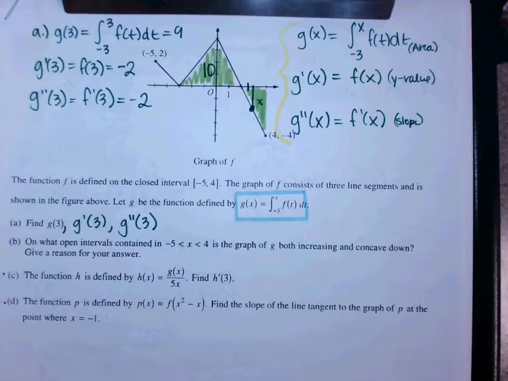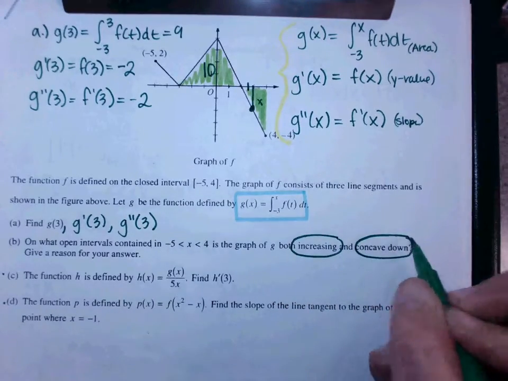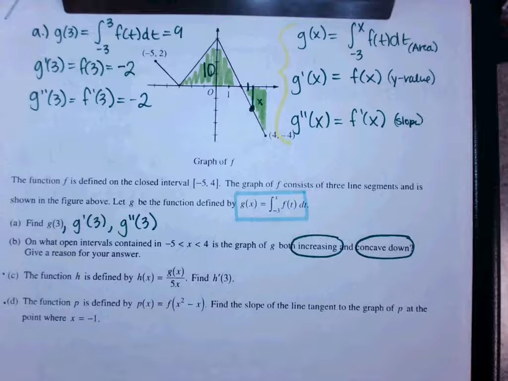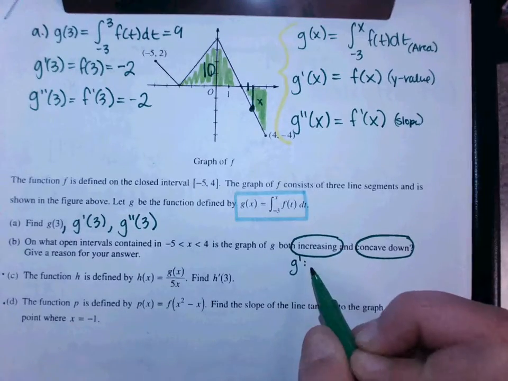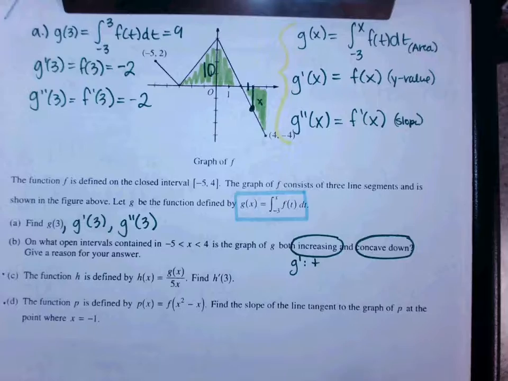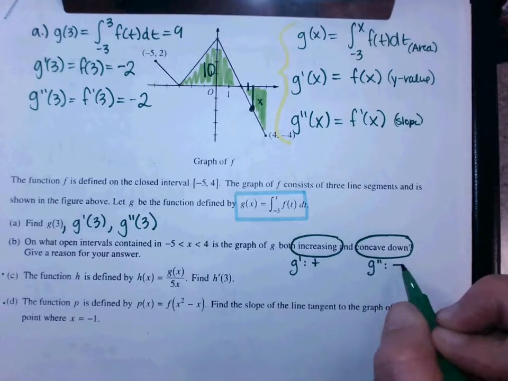Okay, part B. We want to know on what intervals G is increasing and concave down. They are giving you a specific sign for G prime and G double prime. If I want G to be increasing, what do I want G prime to be? Greater than 0, positive. And what do I want G double prime to be for it to be concave down? Negative.